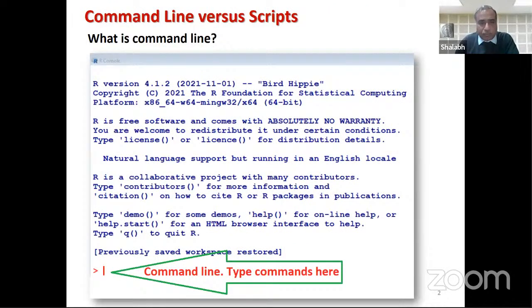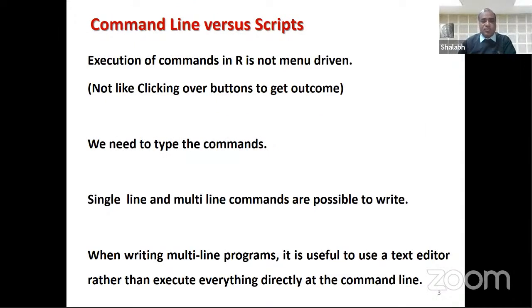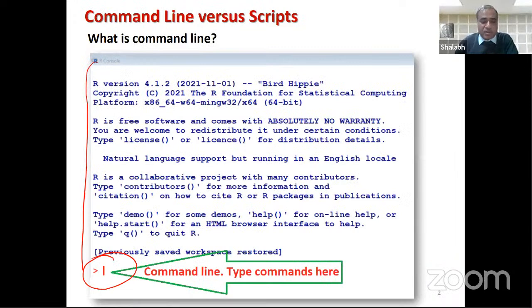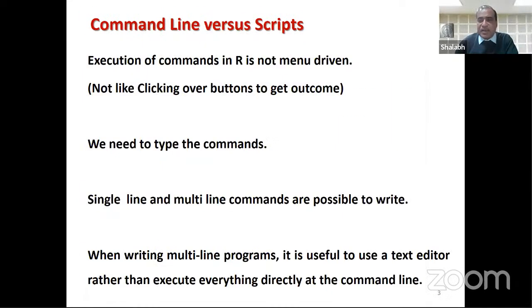So you know that when you are trying to work in the R software, as soon as you start it, you get this type of screen here, and this is the place where you type your commands, and this is called the command line. Now, when you are working on this command line, there is an issue: you cannot see everything, and there are no small buttons which you can click, but you really need to type the commands.